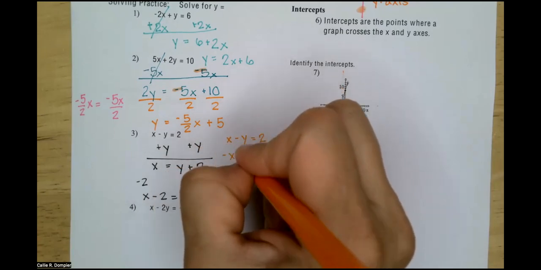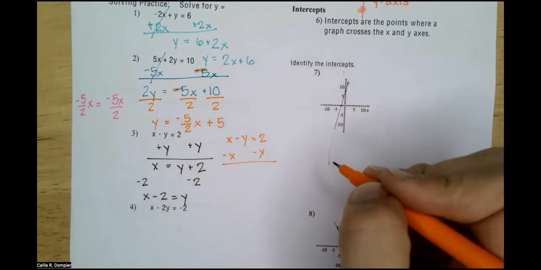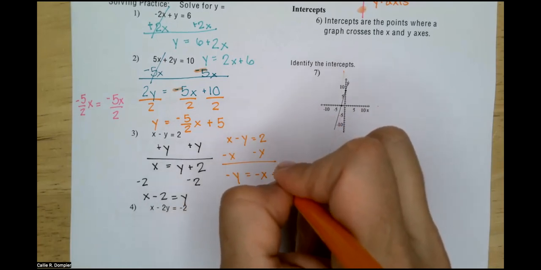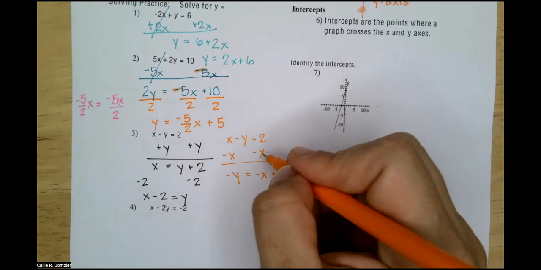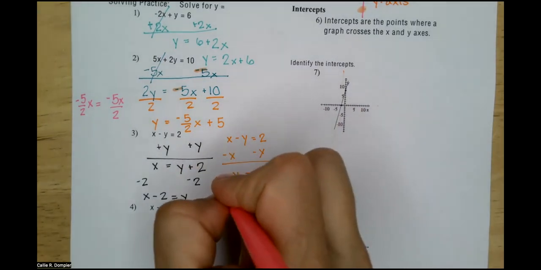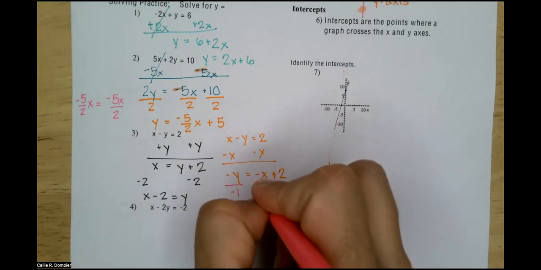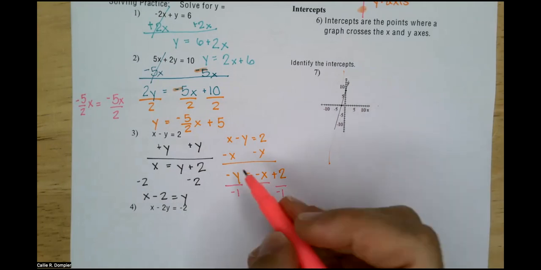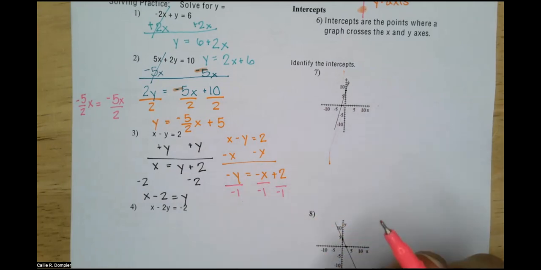Or we had x minus y equals 2. I can subtract the x. Negative y equals negative x plus 2, right? There's a positive 2 and a negative x. Now, though, you're going to have to divide by a negative 1 because they're not asking us to solve for negative y. They're asking us to solve for y. You can either divide it by negative 1 or multiply by negative 1.